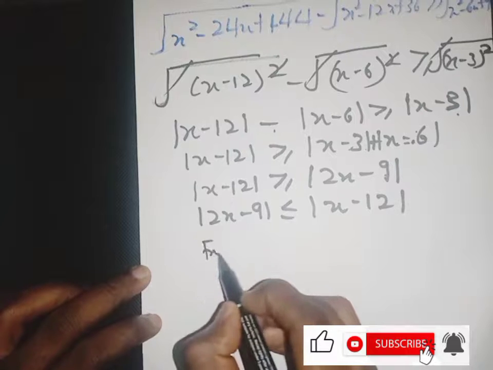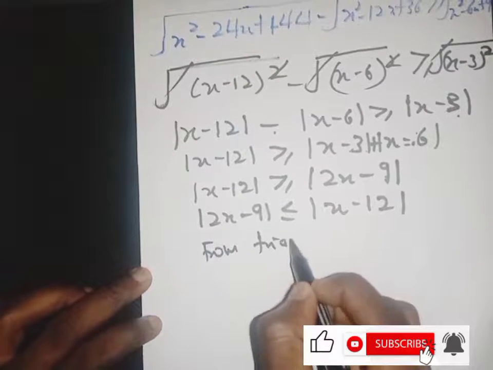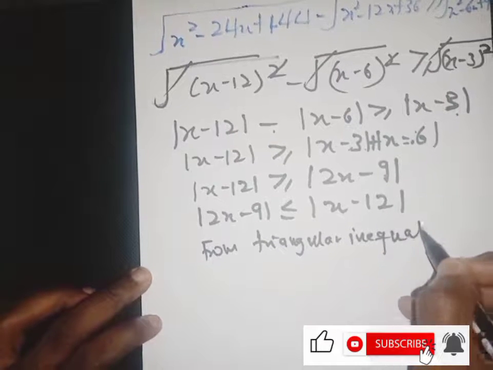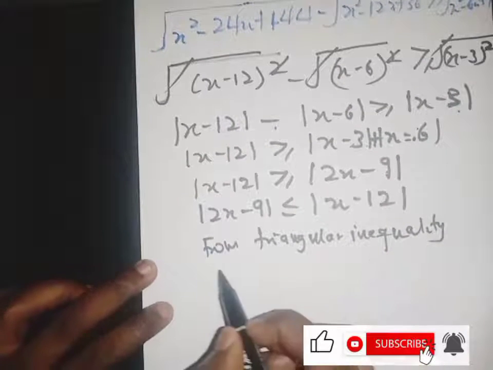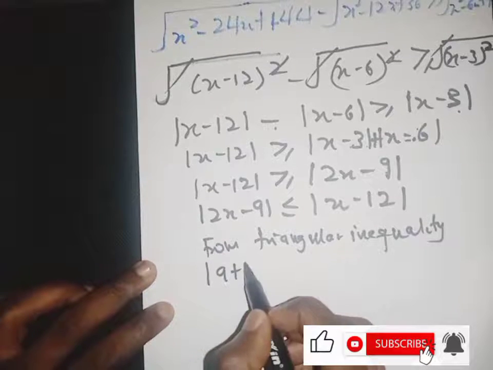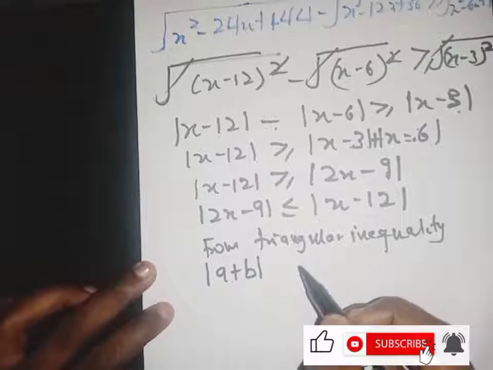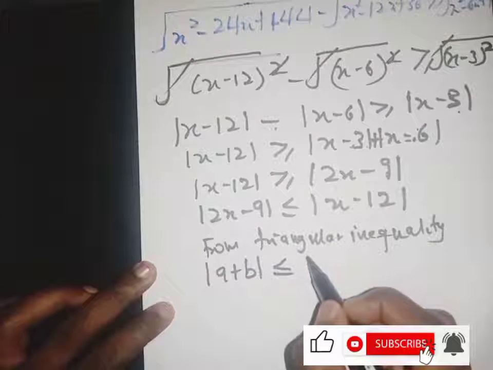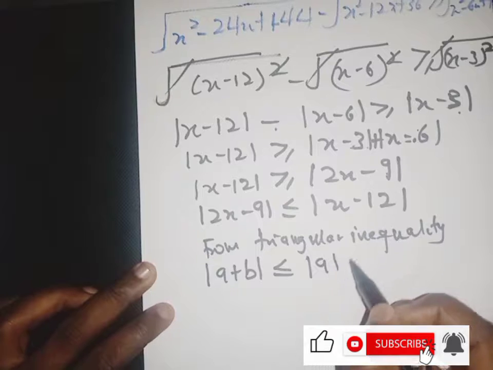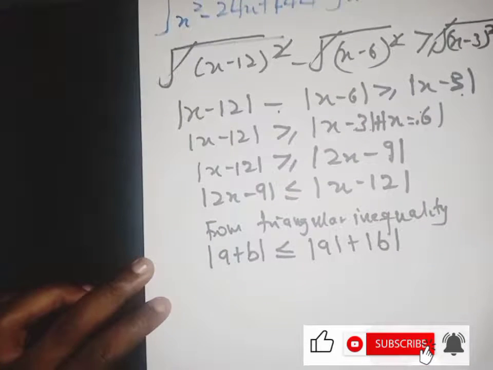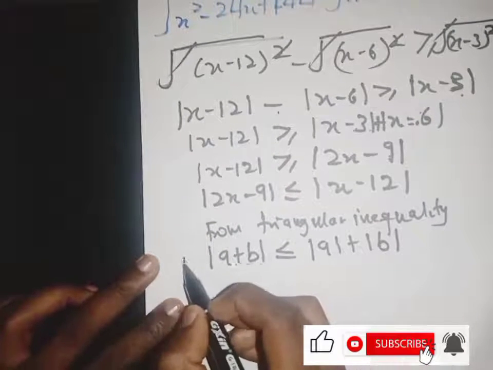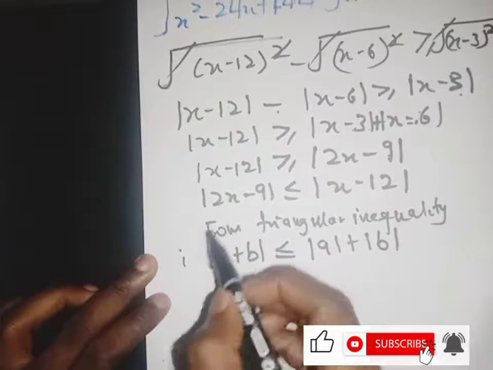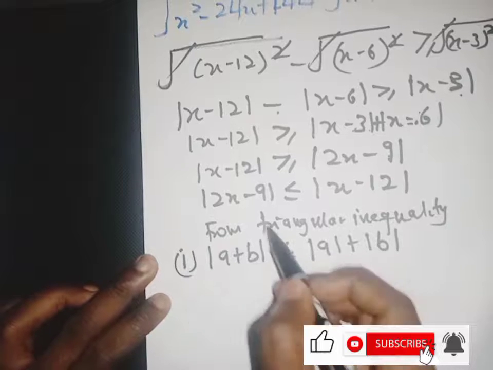So from the triangular inequality, if you have the absolute of the sum of a and b, it is less than or equal to the absolute of a plus the absolute of b, right? And that is the first property. So now we have represented this in that form. So first our equation is in this form.